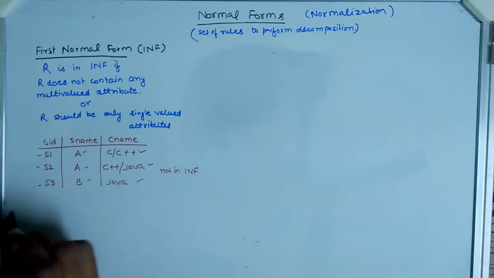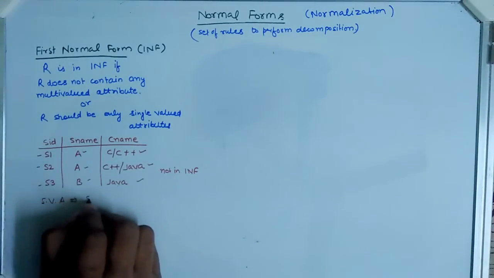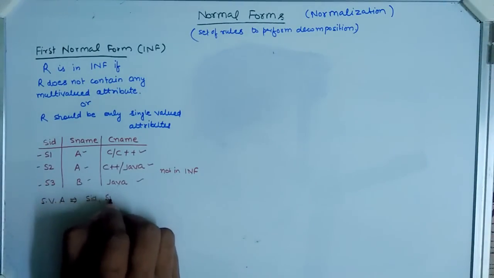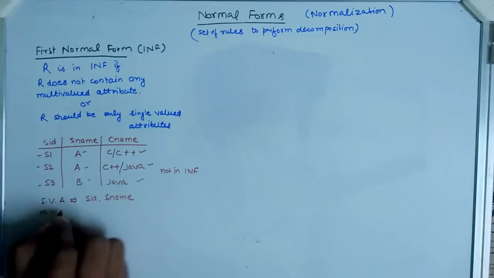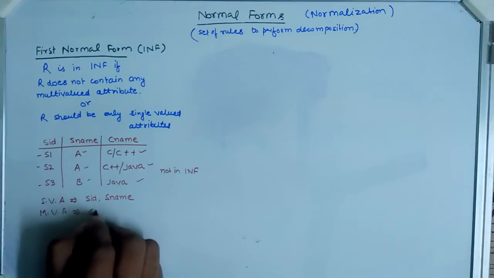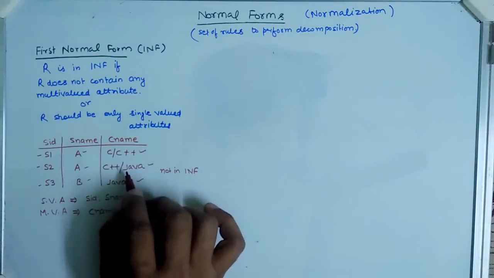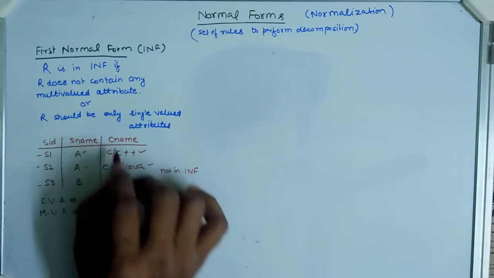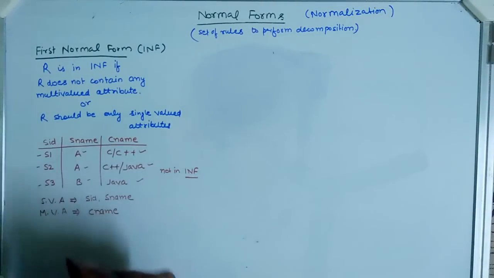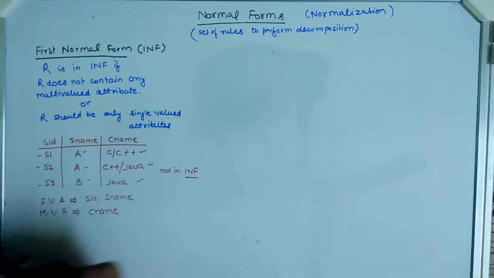So we have single valued attributes as SID and SNAME, and we have a multi-valued attribute as course name or CNAME. Now to remove this type of problem, that is the multi-valued attribute, or to convert this relation to 1NF, we just need to increase the redundancy in our table.